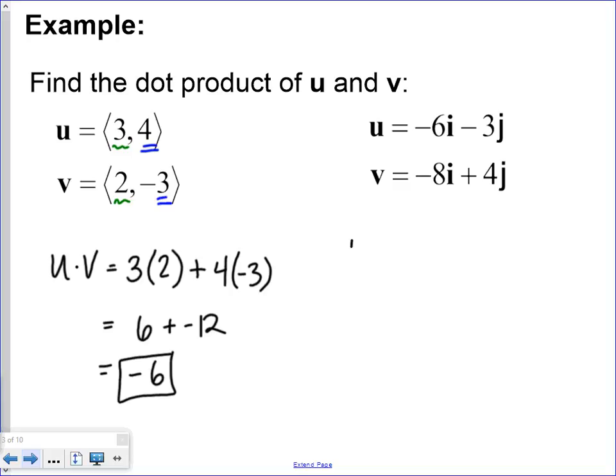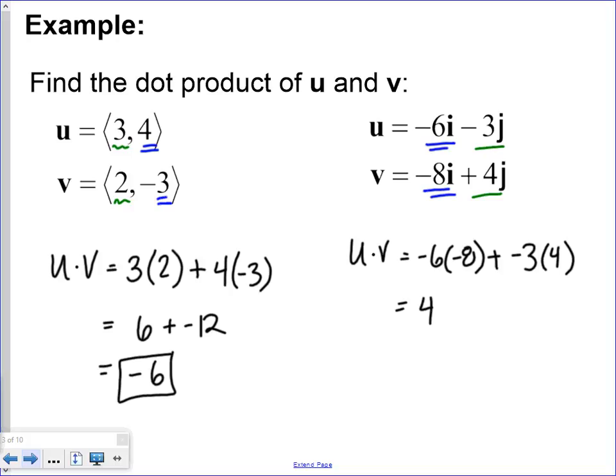To calculate the dot product here, again, I want to grab my horizontal components, which remember in standard unit vectors is always paired with our i. So we would do -6 times -8 plus, grab that vertical component, -3 times 4.